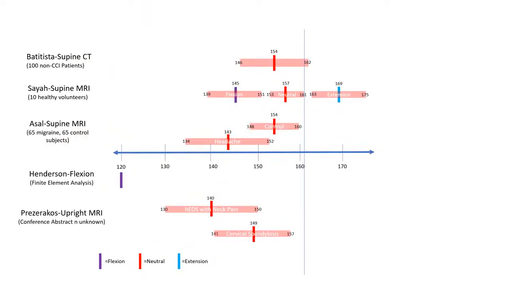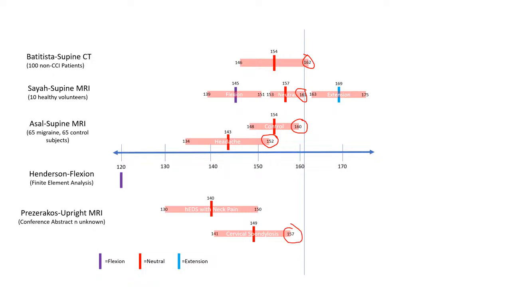This is actually from an upcoming paper that I'm publishing on all these different things, including the PICL procedure. Here I took all of the data from lots of different studies and graphed the normals of what they considered with regard to this clivoaxial angle in different conditions. In neutral, we see that the headache population had a clivoaxial angle of 152. If we look at that control group, it's 160. In neutral, 161. In neutral for this study, 162.